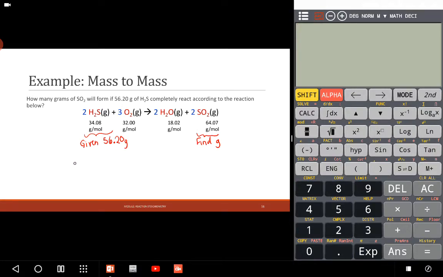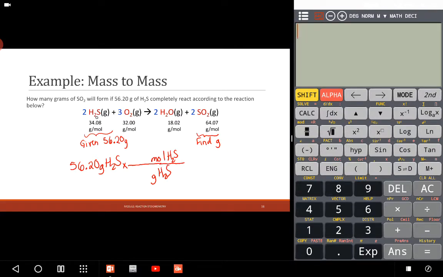So I'm going to go from 56.20 grams of H2S. It's really important to label which compound you're in to help you remember. I need to cancel out my grams, and I need to get into moles. And this will still be moles of H2S.